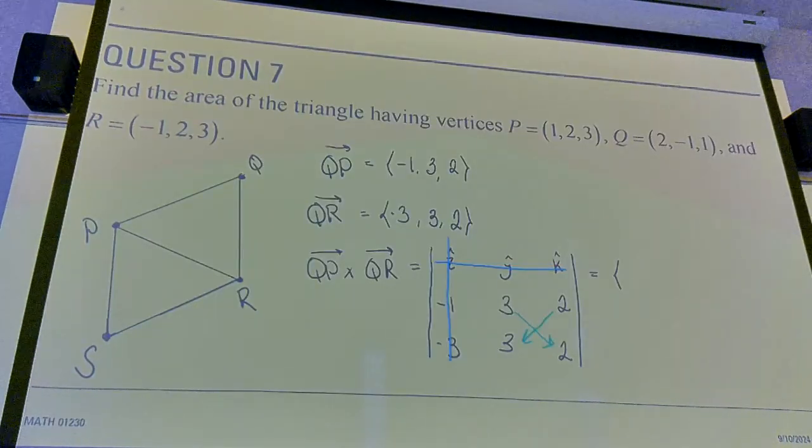Determinant for the first component would be 3 times 2 minus 2 times 3. Second component is negative.